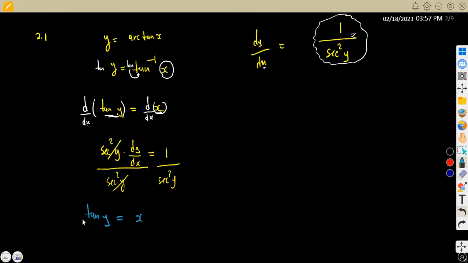So if tan y is equal to x, what can we do to obtain sec squared? If you square both sides, we can have tan squared of y, which is equal to x squared.